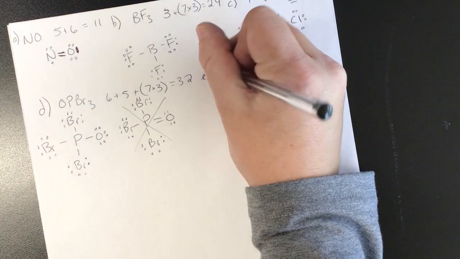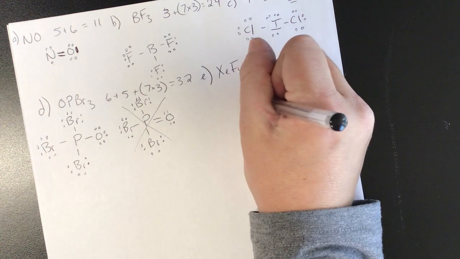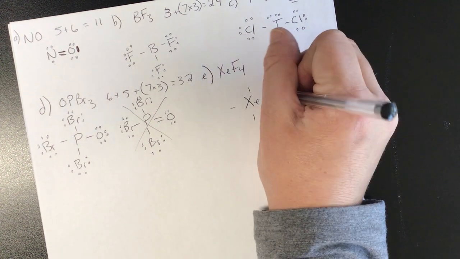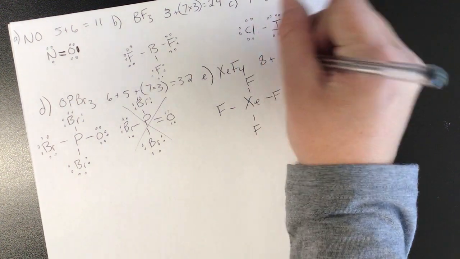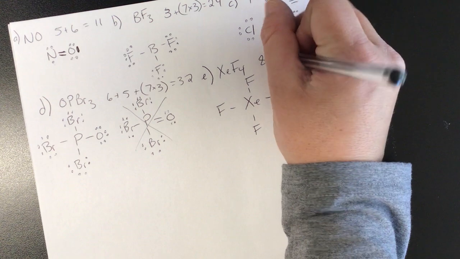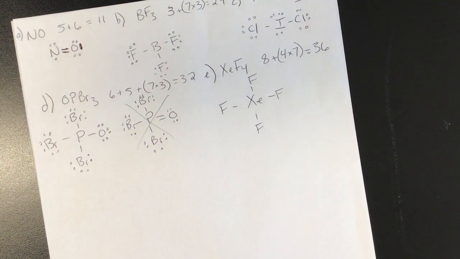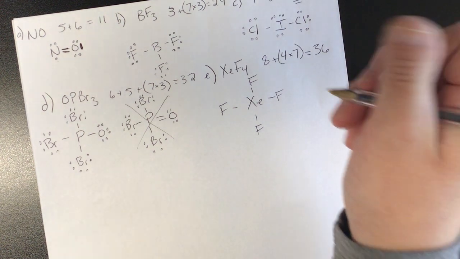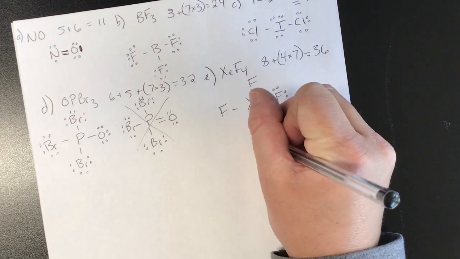And the last one, XeF4. We're going to put xenon in the middle, and then the fluorines around the outside. Xenon has 8, fluorines have 7, and there's 4 of them. So we get 36.